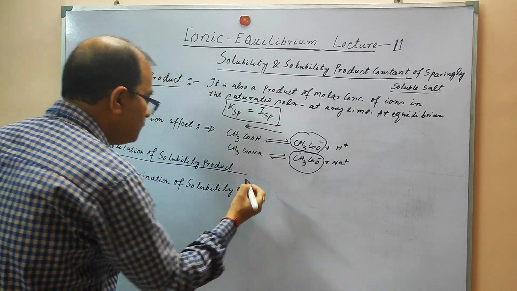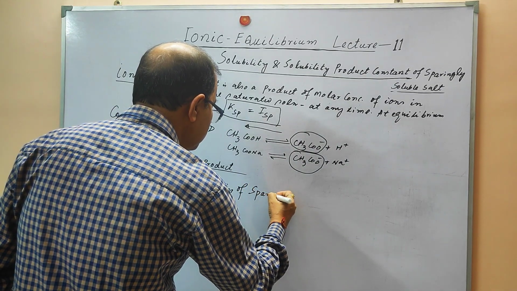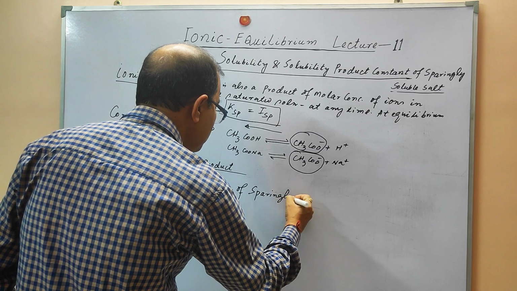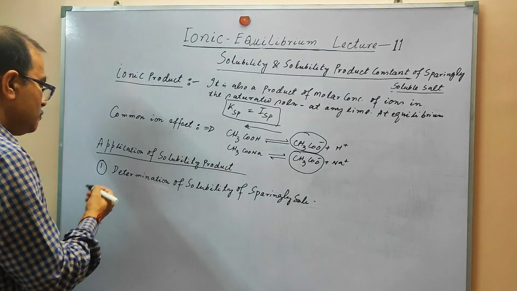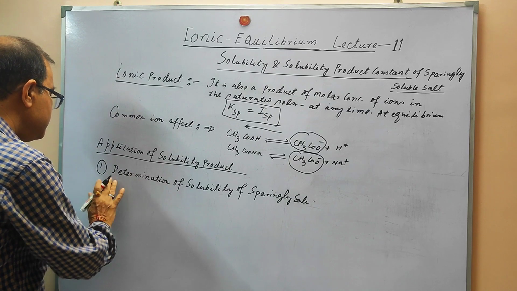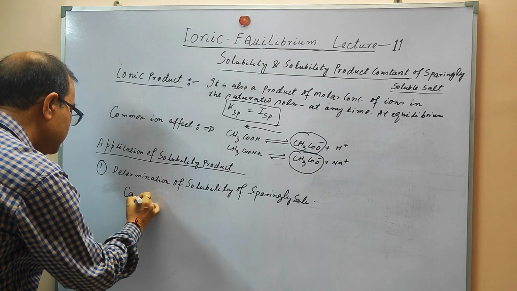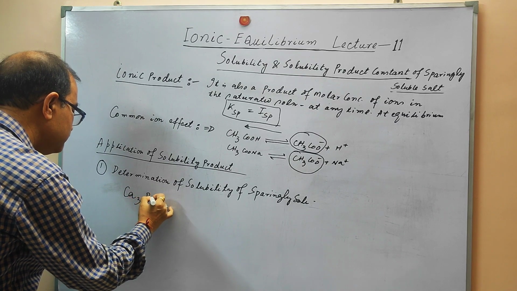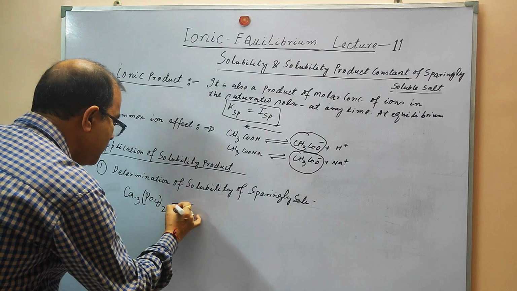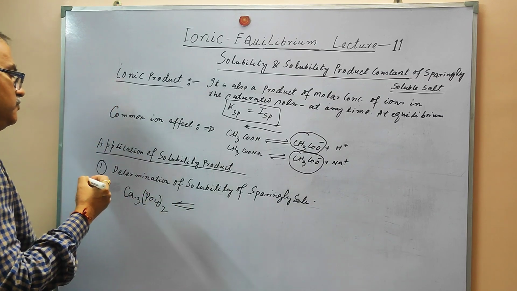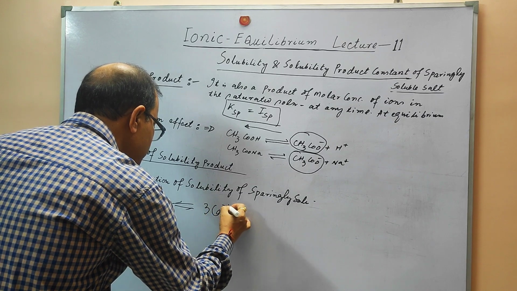How can we determine this? Let us take an example of calcium phosphate. This is a sparingly soluble salt, and when it dissociates, it will produce this.